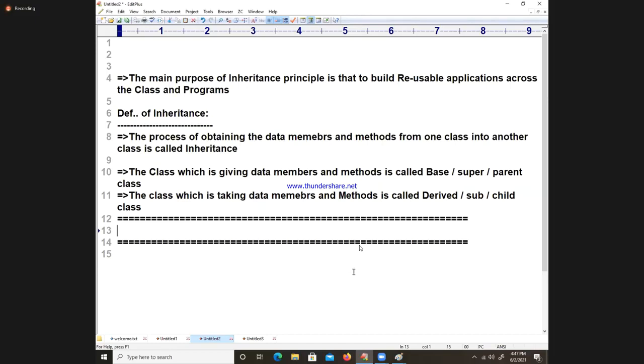Now tell me one more example: your parent and you. Your parent is called which class? Base class. You are called which class? Subclass. Excellent.